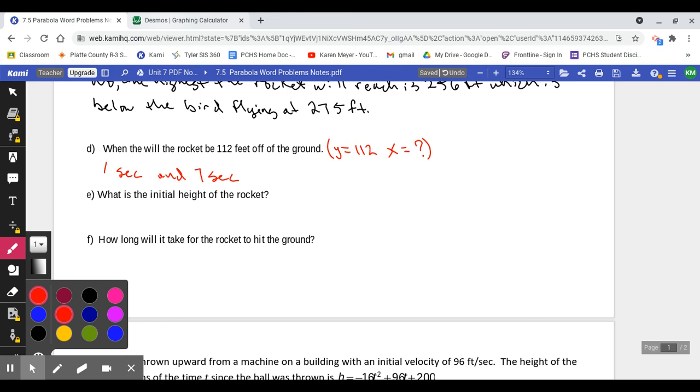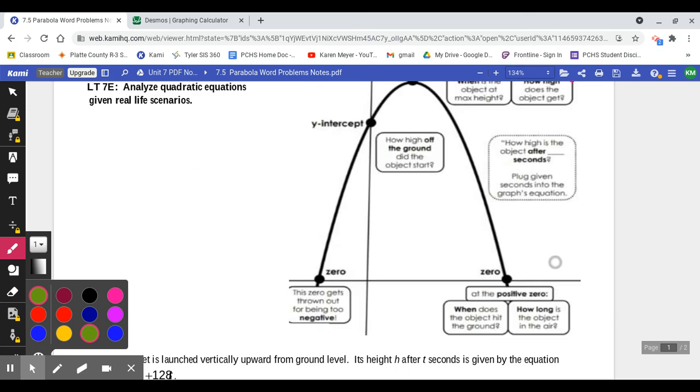Next thing. What is the initial height of the rocket? Well, initial height is going to be the y-intercept. So if you scroll back up to the picture, it says next to y-intercept, how high off the ground is the object?